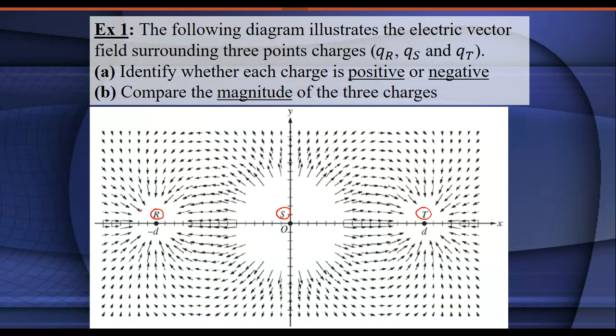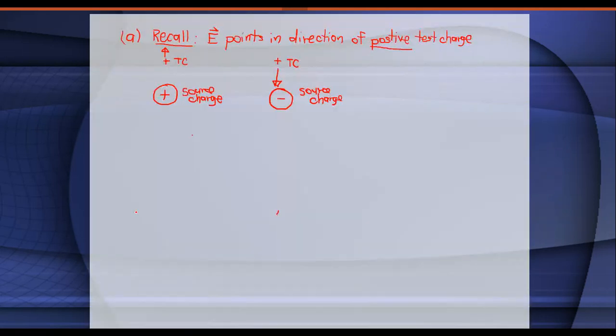Okay, so what's going on with charge R? Well, the field lines are directed inward. Okay, so I could say QR is negative since the electric field is directed inward.